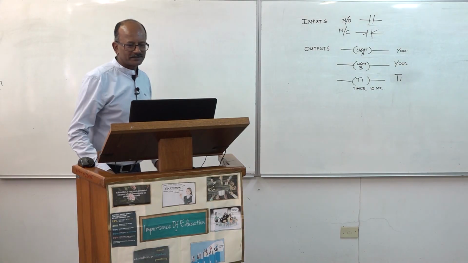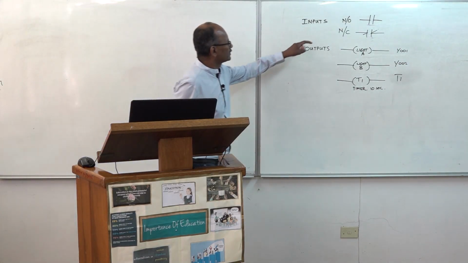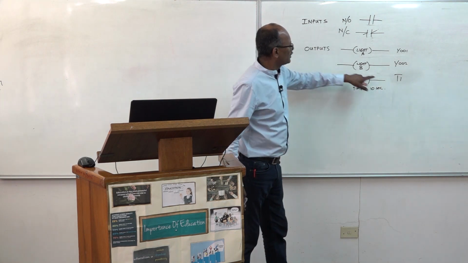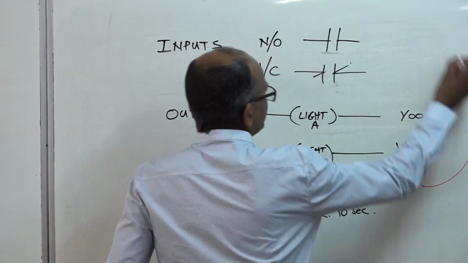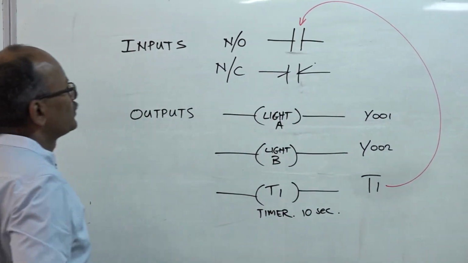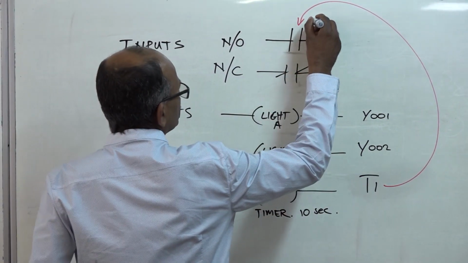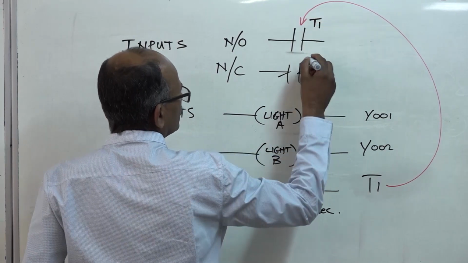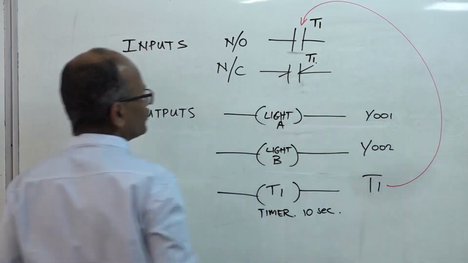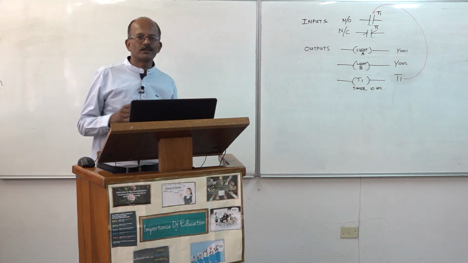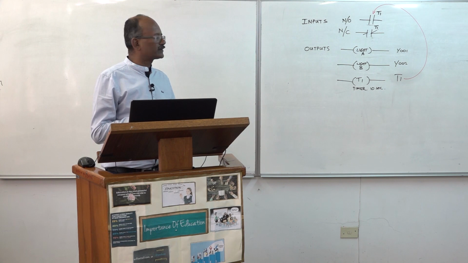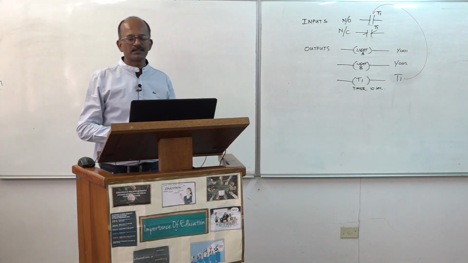Now, remember the question said that these normally open contacts and normally closed contacts belong to the timer, so the addresses for these contacts would be T1. I now have all my inputs and outputs and my addresses. I can now continue to design the circuit.